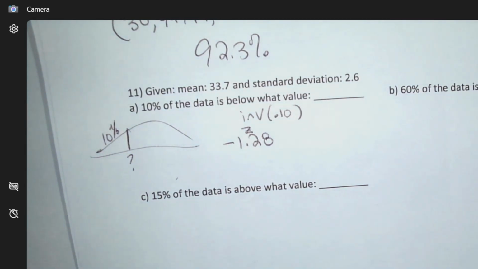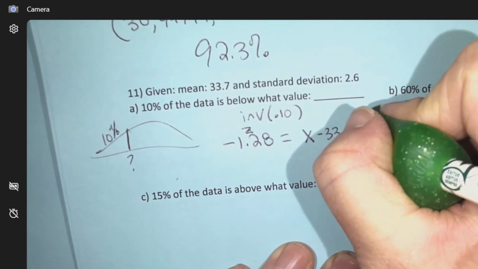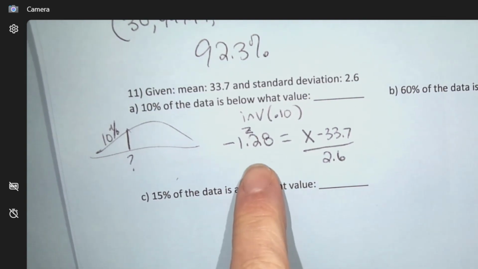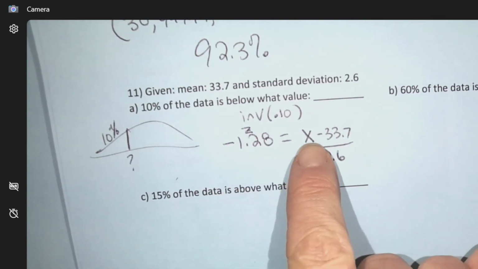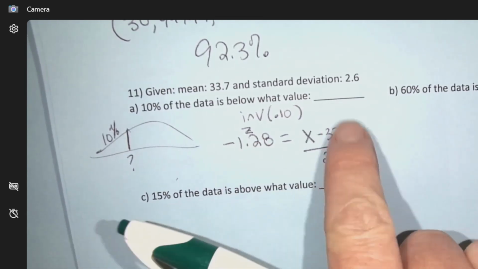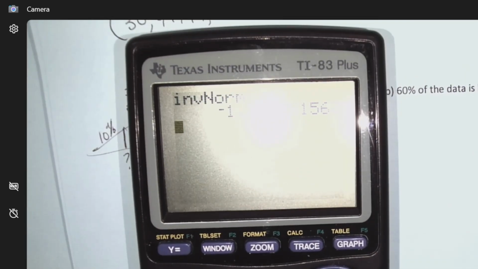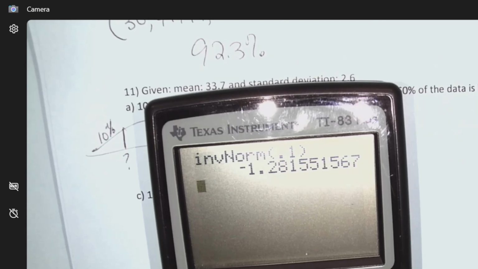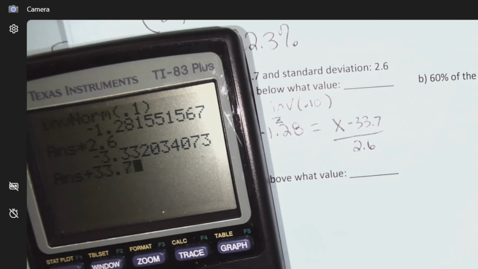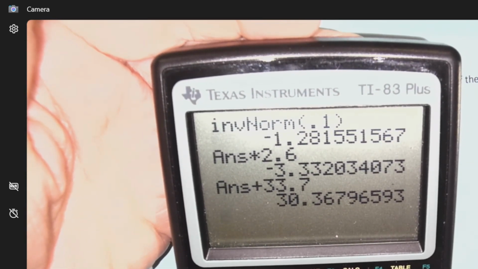That is a Z-score. Now I want you to turn the Z-score into an actual score. So you're going to have to do a times add. Always that. Times add. And it's actually right on there still. So I can do times 2.6 add, times by the bottom and then add.